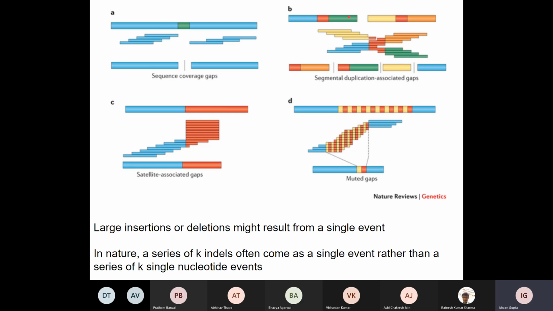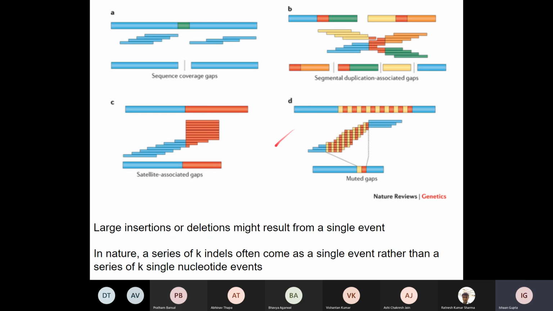You can have segmental duplications, whereby the same segment keeps getting duplicated again and again, or you can have what's called a mutated gap, where the same particular sequence is now shrunken or expanded in whichever direction you look.